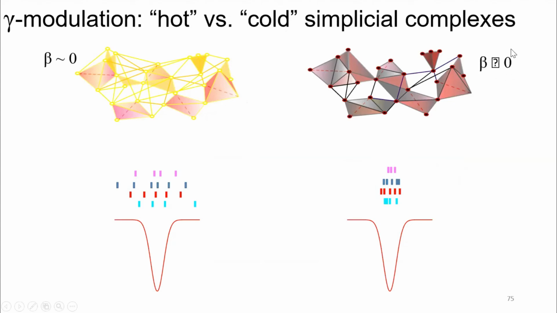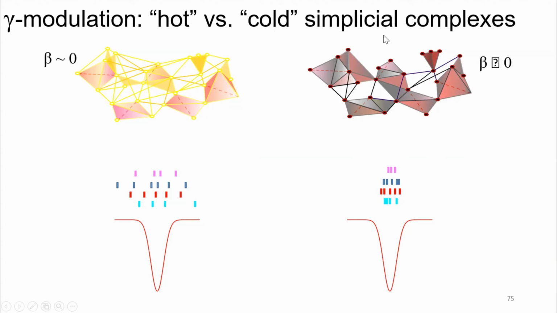I don't know what is happening with these signs, but basically if beta is close to 0, your effective temperature is high. Spikes are spread very widely around gamma periods. That would correspond to what, in this funny terminology suggested by the logic of what is happening, is a hot simplicial complex.